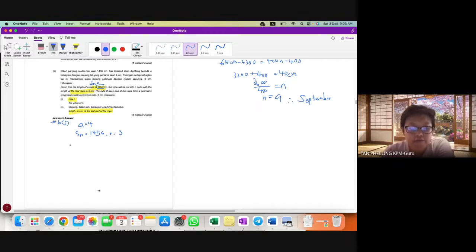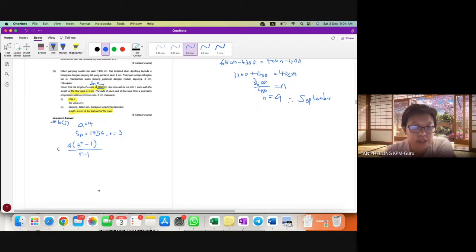So I will have Sn equals A bracket R power n minus 1, over R minus 1. Am I right? Yes. So 3 power n minus 1. If you are not sure, you can copy down the formula first, and then only R minus 1.